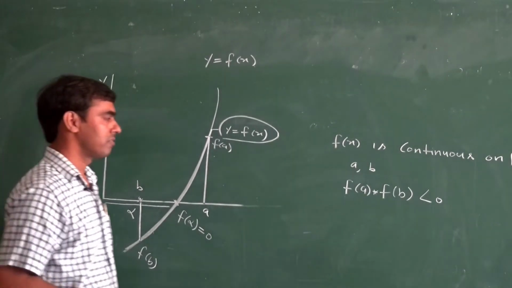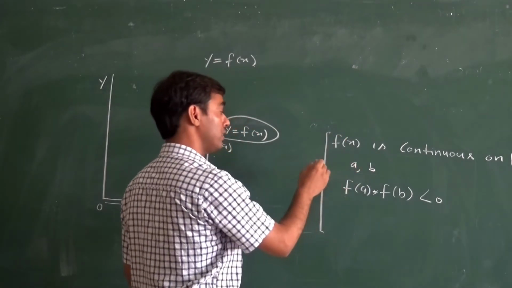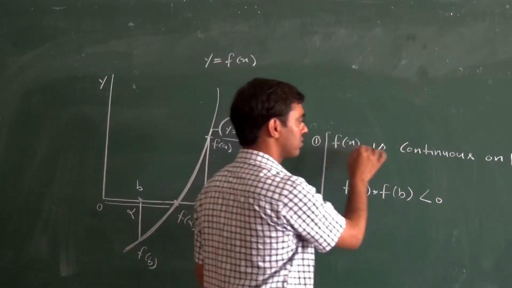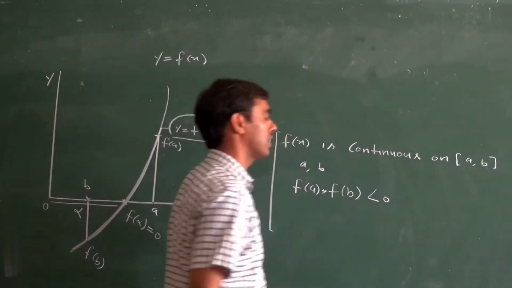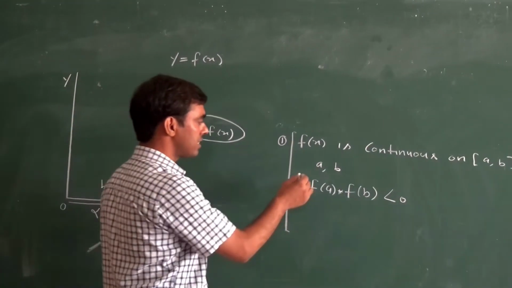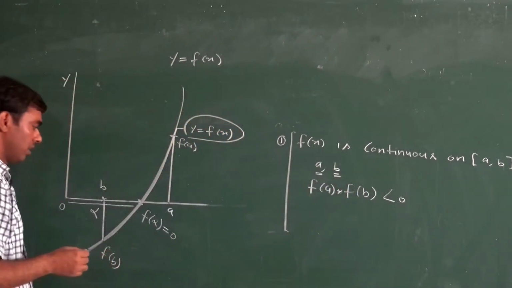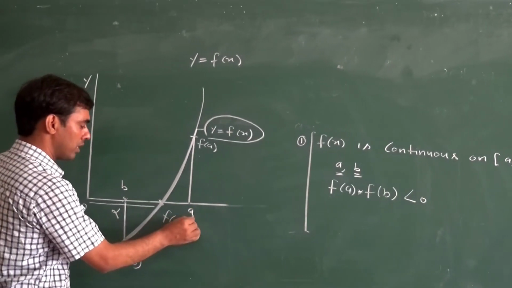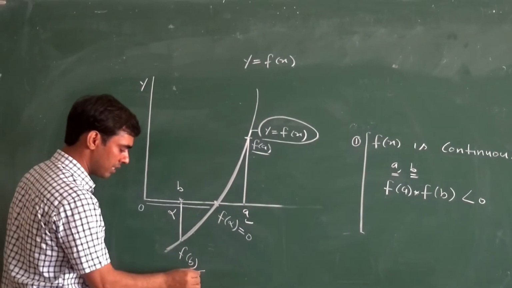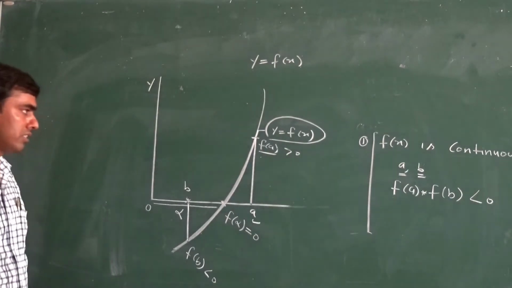So the first condition to apply any numerical method is that f(x) must be continuous on a closed interval, and there exist 2 points A and B in such a manner that the value of the function at one point is positive, greater than 0, and at another point negative, less than 0.